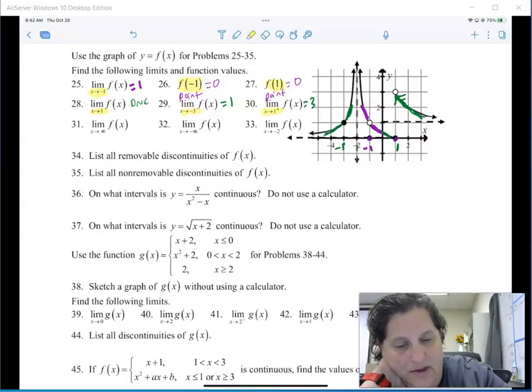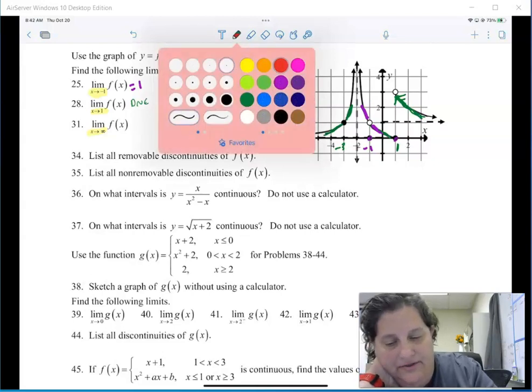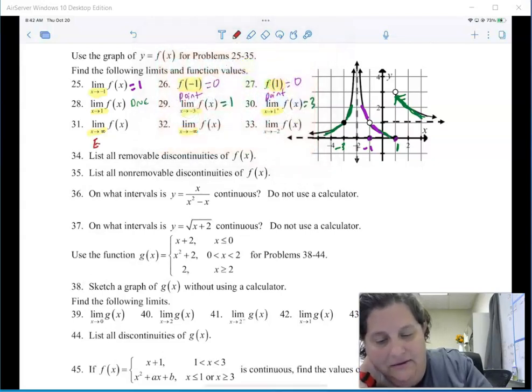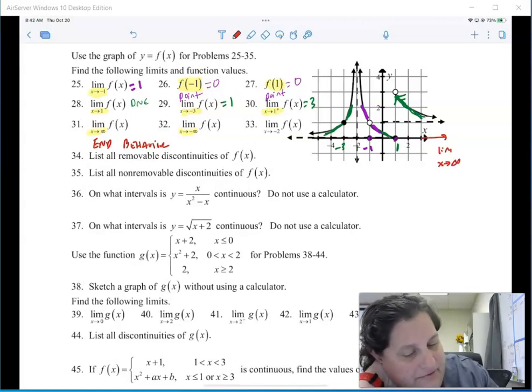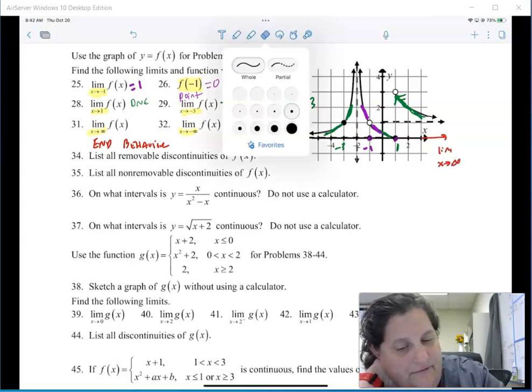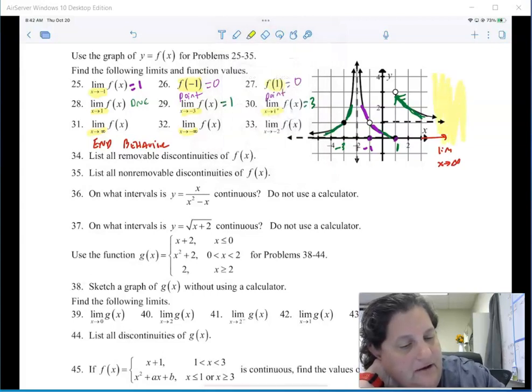Okay? Now, anytime we're looking at these infinite limits, what that means, that's sometimes called the end behavior of the graph. What's happening at the ends of the graph? The limit as x approaches positive infinity is what's happening on the furthest right-hand side of the graph.